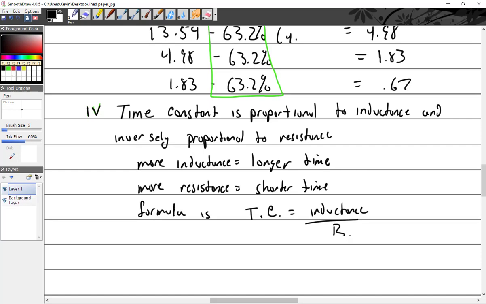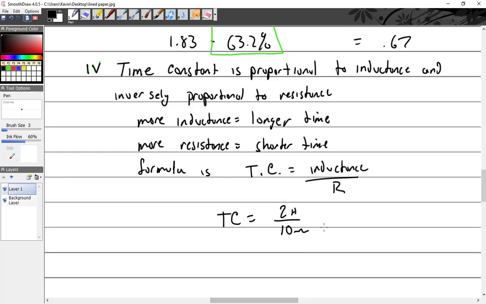I have an example. If R is 10 ohms and inductance is 2 henries, how long is each time constant, and how long does it take for current to completely flow? So time constant equals 2 henries divided by 10 ohms. So it takes 0.2 seconds.